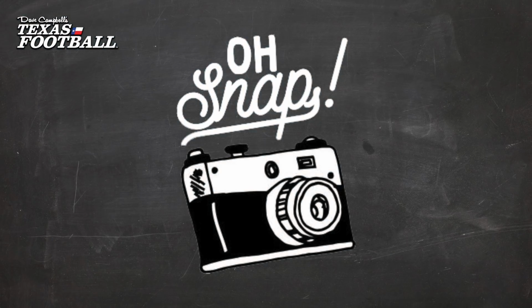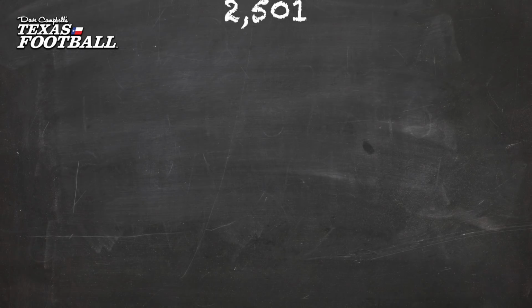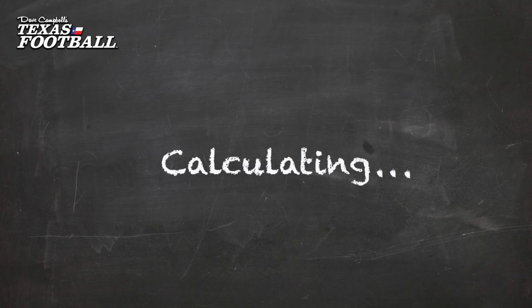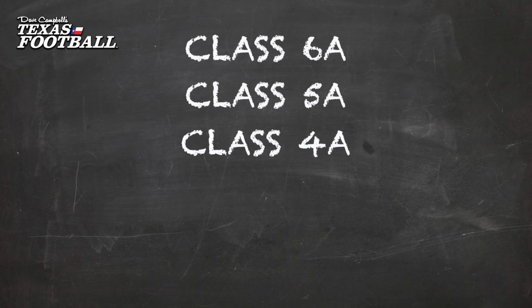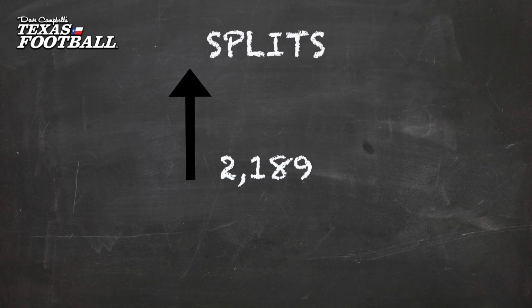That's the day that every school turns in their enrollment number, how many students attend their school, to the UIL. The UIL gathers this data, and then it's time to make the first chop, dividing the schools into 6 classifications. For example, if your school has more than 2,189 students, your school goes to Class 6A.